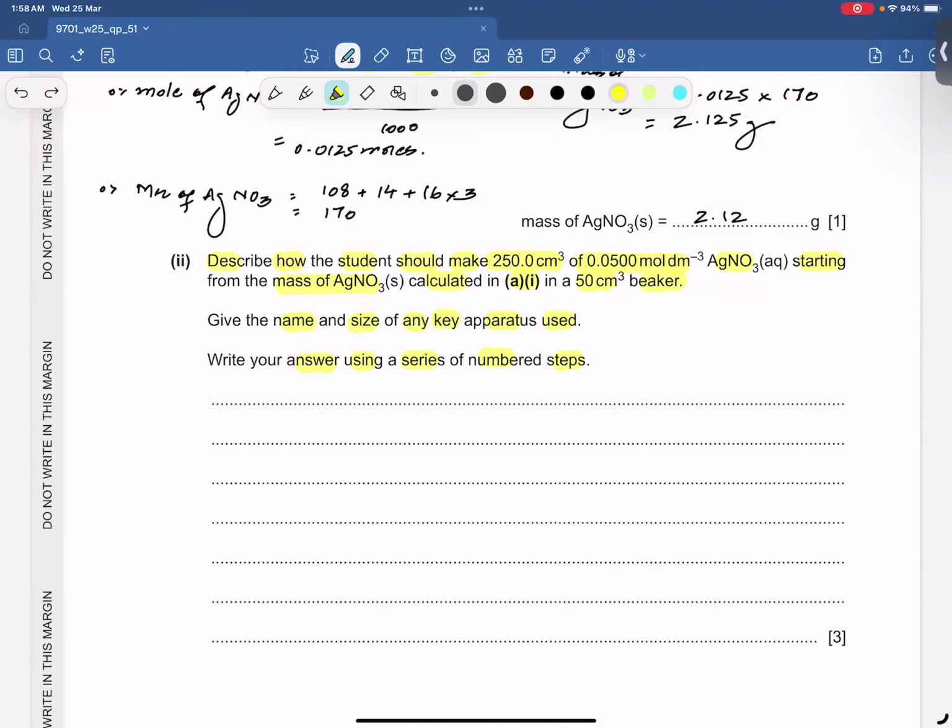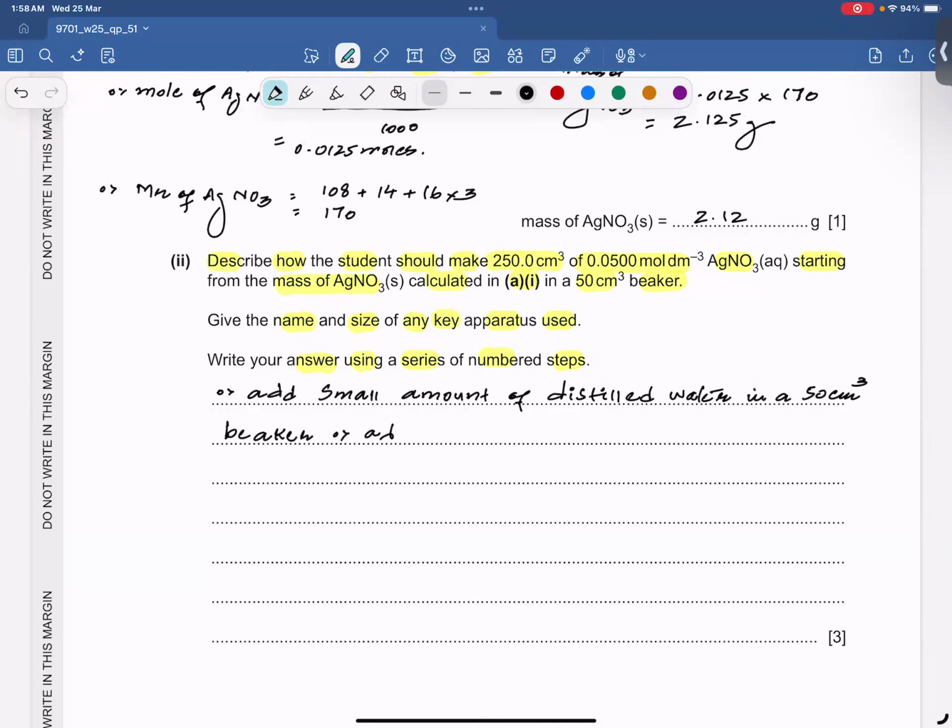So first of all, add a small amount of distilled water in a 50 cm³ beaker. Next, add 2.12 gram of silver nitrate in it, and then stir the mixture, or stir the solution to mix well.